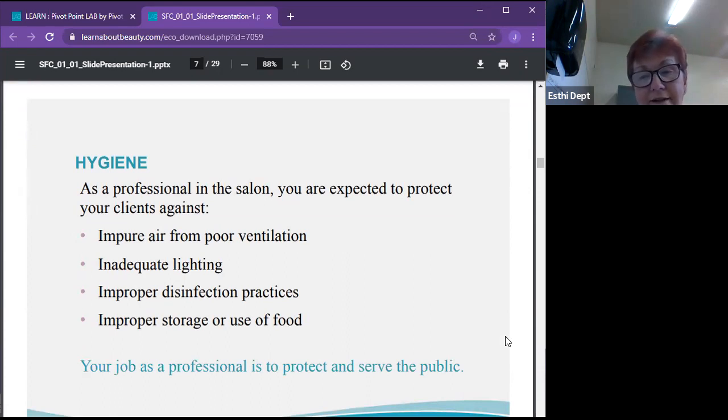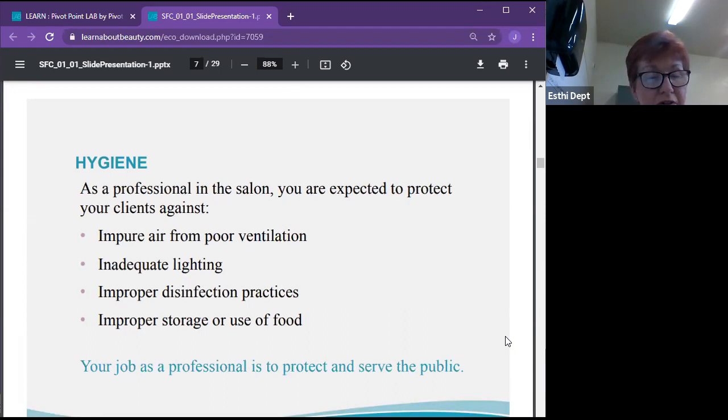Inadequate lighting is the second one. The third one is improper disinfection practices. This is how people can get diseases, because we didn't properly disinfect our implements. And then the improper storage or use of food, meaning the refrigerator is used for supplies that we use here and for food. You can't do that.